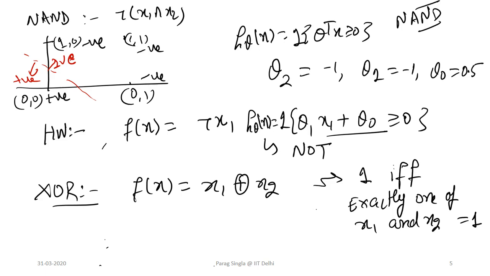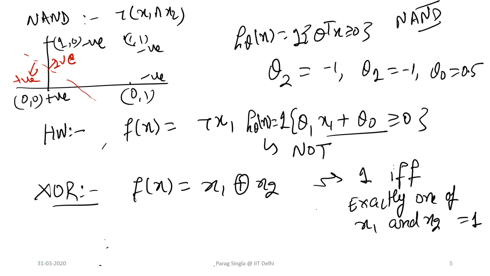Which is saying that only if both x2 and x1 are 0, then this theta transpose x is greater than 0, otherwise it is less than 0, right? So this is the NAND function.